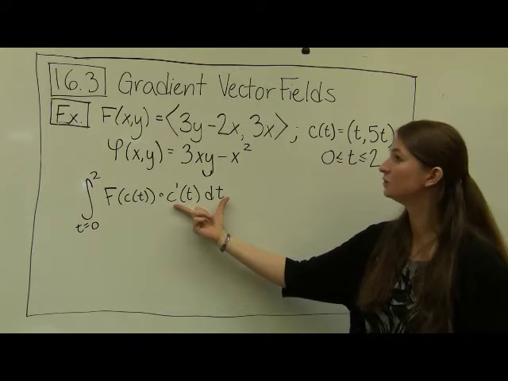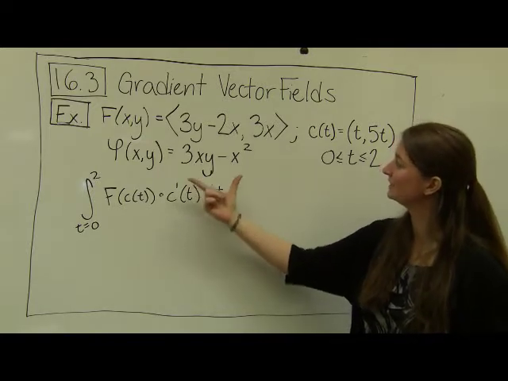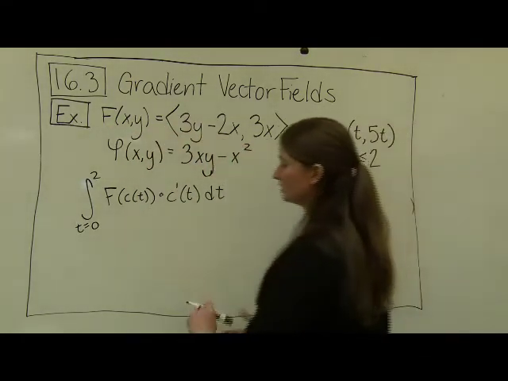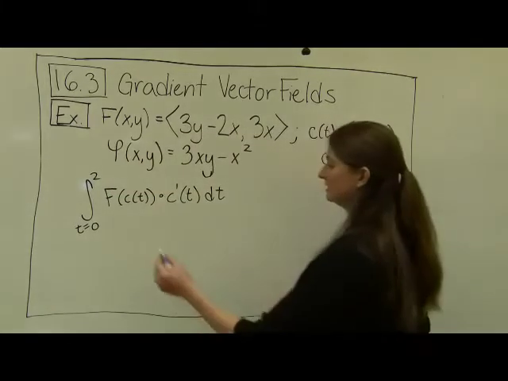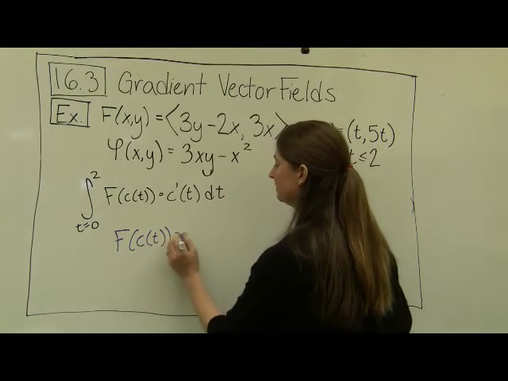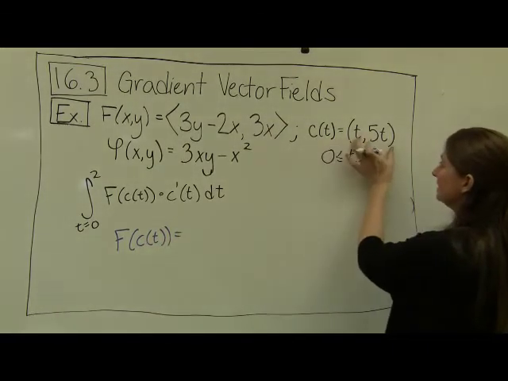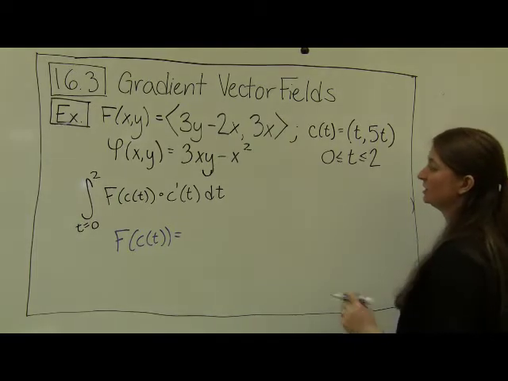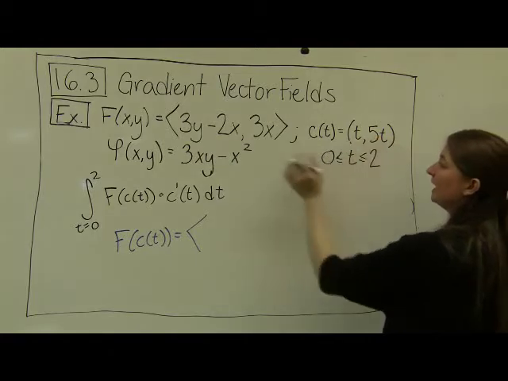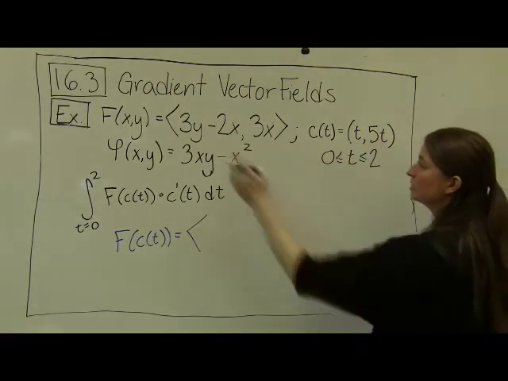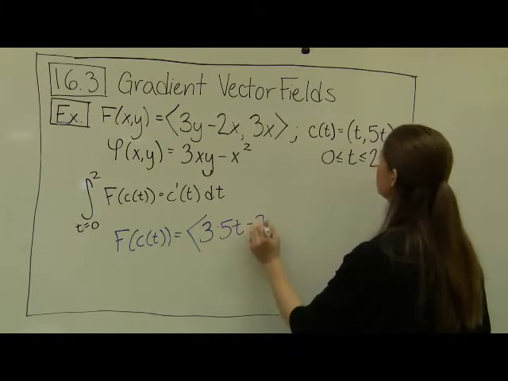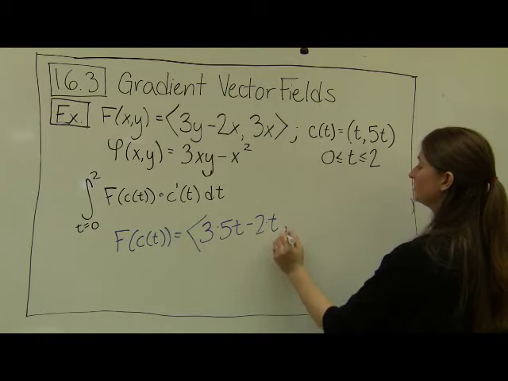So from our chapter 16.2 experience, first we have to evaluate what is f of c of t. So I'm going to do a little bit of scratch work in blue and say, in this case, f of c of t, I'm going to take my c of t function and plug it into my f function. And in this case, our y values are equal to 5t and our x values are equal to t. So when I plug that in, I get 3 times 5t minus 2 times t for the first component.